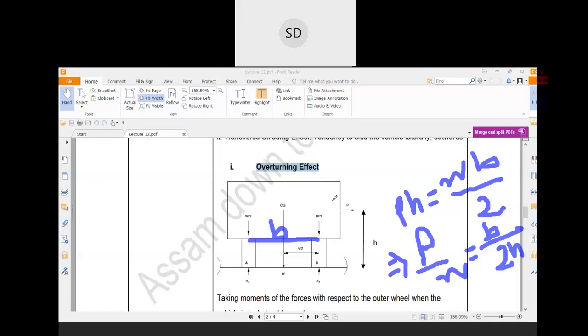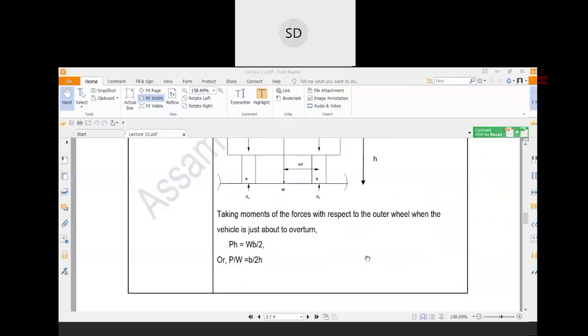It indicates that when your centrifugal ratio is equal to B by 2h, there is a tendency of the vehicle to overturn. This phenomenon is called overturning effect, and it happens because of the centrifugal force acting in the outward direction.